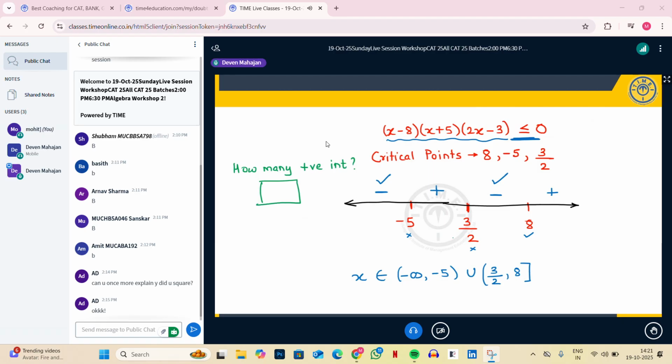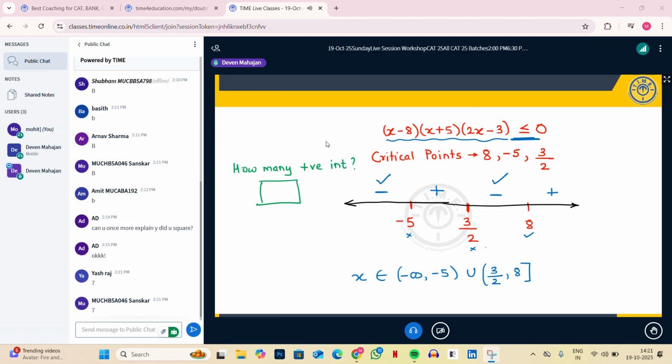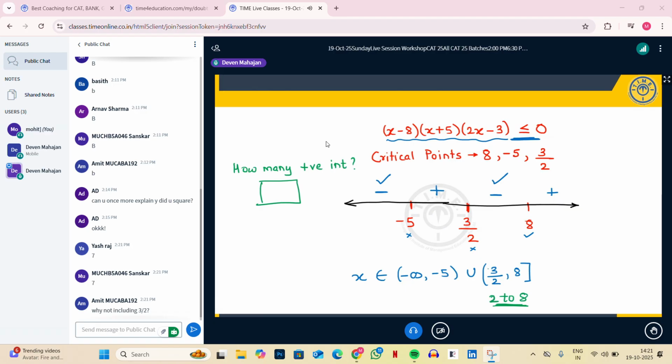So then you will need to be able to solve in this fashion. And now positive integers, you can see 3/2 से बड़े number 8 तक, तो 3/2 होता है 1.5. So 1.5 से बड़े number मतलब 2 से लेके 8 तक के integers चलेंगे. So positive integers पूछा होता तो it will go from 2 to 8 and there will be 7 such integers.